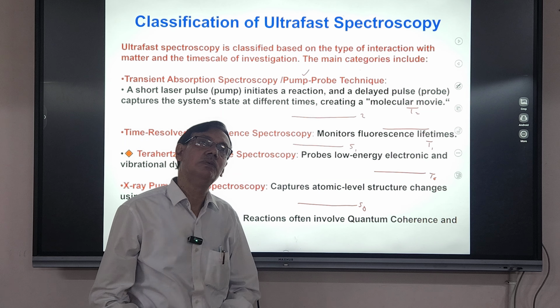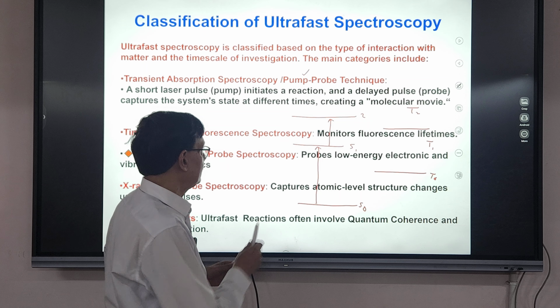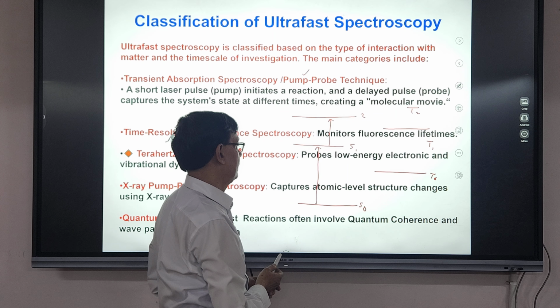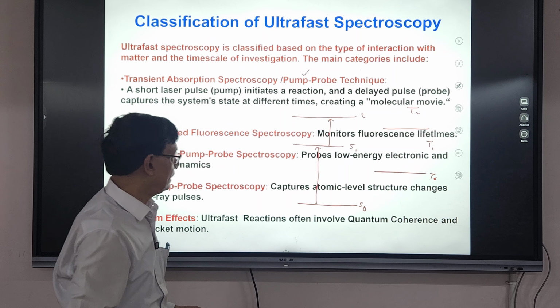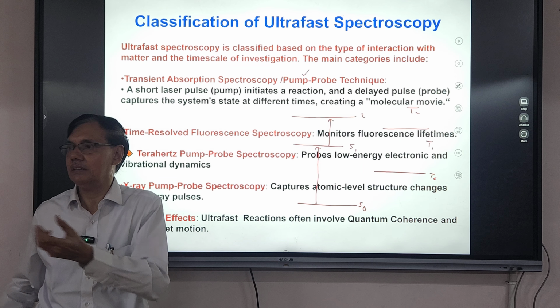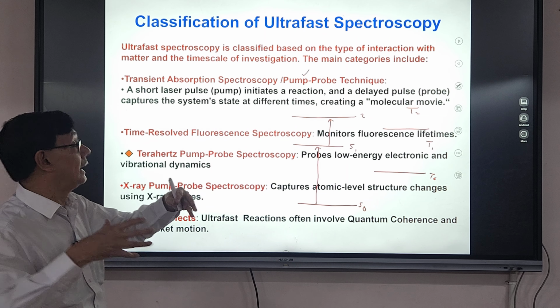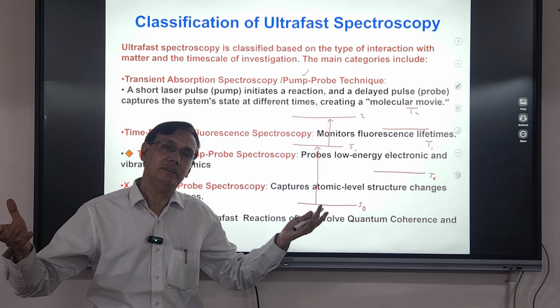This is general absorption from the ground state to the excited state. But suppose the color is slightly different. In order for that excitation, just like in a UV visible spectrophotometer, you apply a source. The whole classification is based on the interaction of matter with electromagnetic radiation, again and again the same thing.